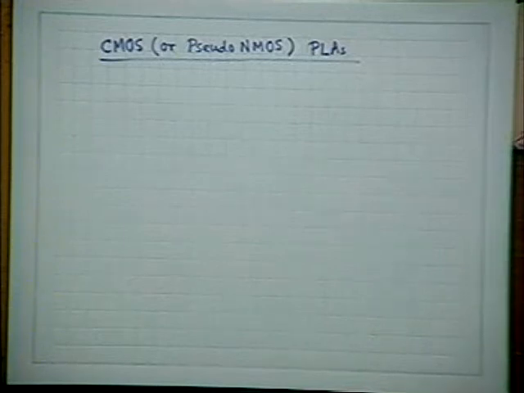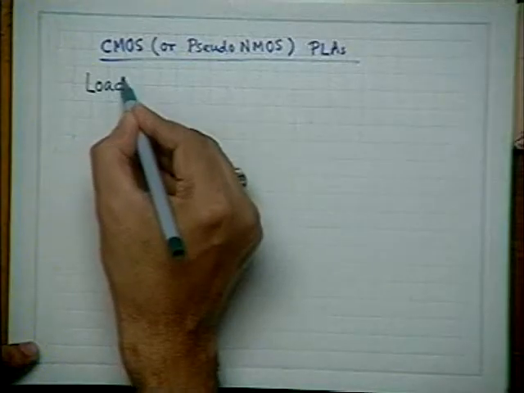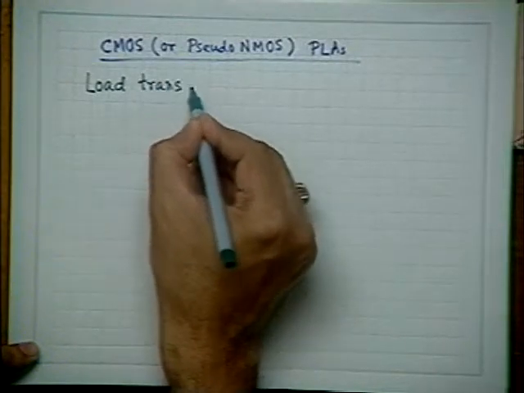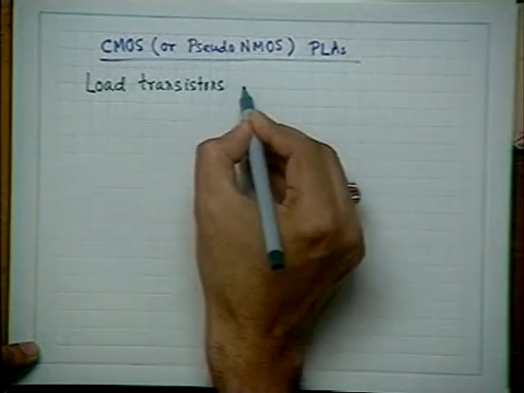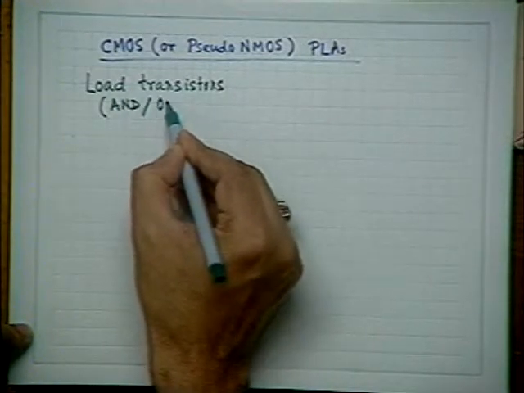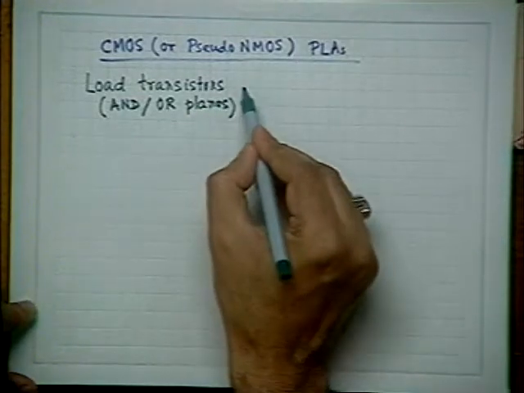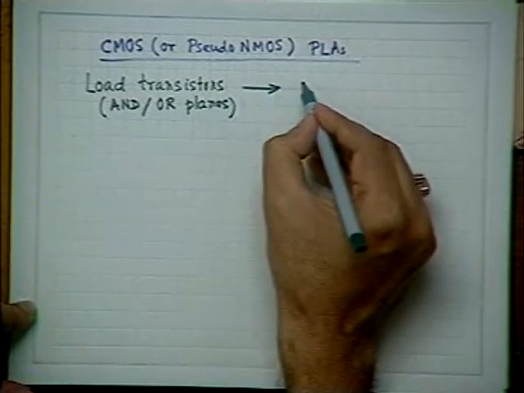What you do, simply you substitute all the load transistors, both in the AND plane as well as OR planes, by PMOSs.